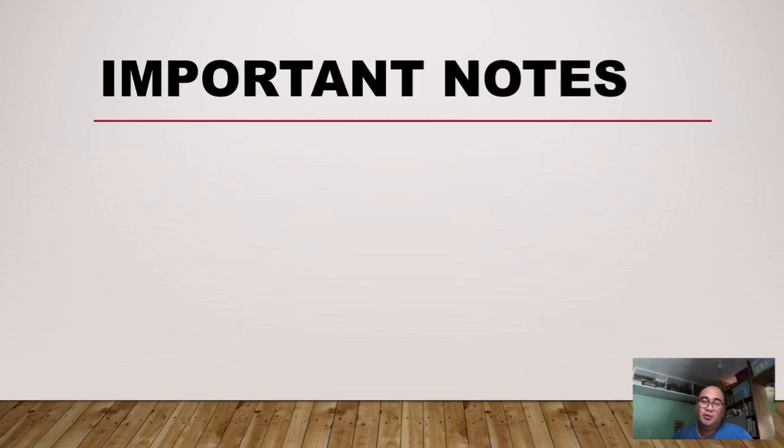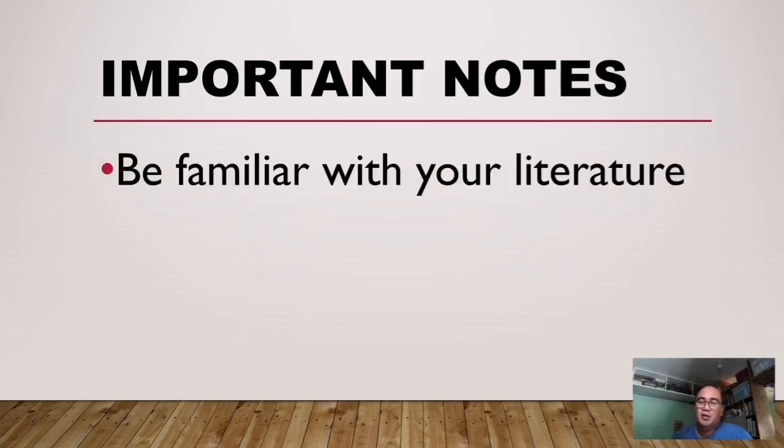So, important notes before we end. Number one, you have to be familiar with your literature. It is important that before proposing a title, you should have at least read the literature. It's only when we read the literature that we are going to have an idea if what we are proposing has already been done or what is the gap in the literature.